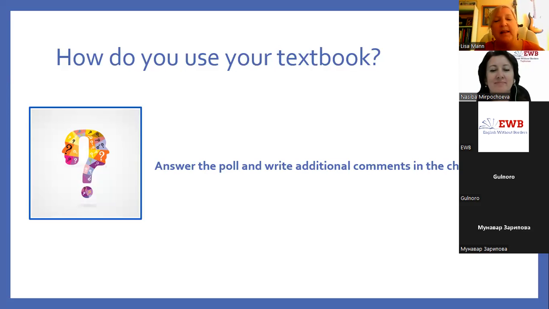It came about because there was a need to complement some of the activities and lessons in those books. So I'm just curious, how often do you complement your textbook with your own activities, your own exercises that you bring from home?